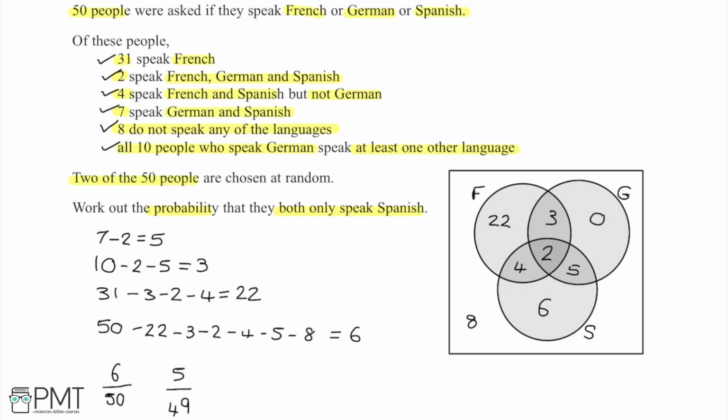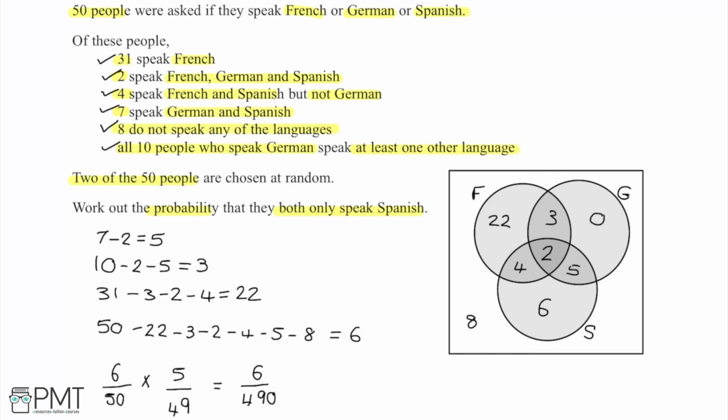We need 2 separate people. And to work out the probability that they both only speak Spanish, we're just going to multiply the probabilities of them speaking only Spanish individually together to get the probability that both of them chosen only speak Spanish. And when we multiply these two probabilities, we get an answer of 6 over 490, which is the correct final answer here.